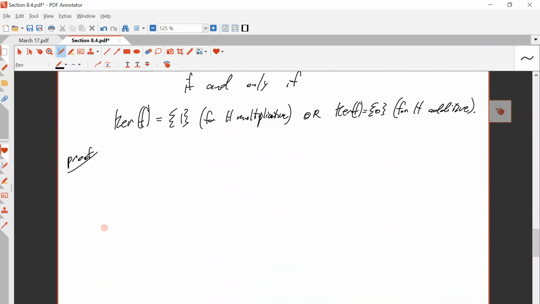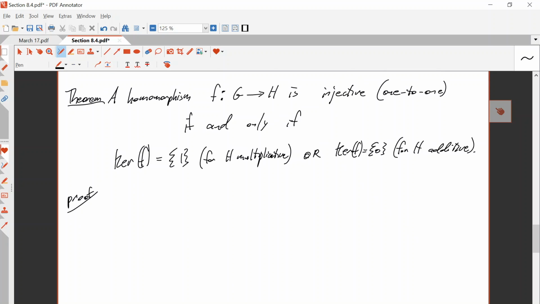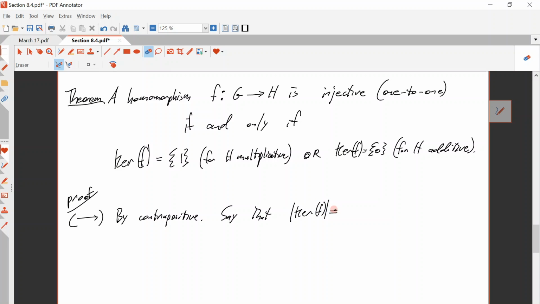All right, so let's get a proof of this. This direction is the easier one. Yeah, that's this direction. So we'll do it by contrapositive. All right, say that the order of the kernel of f is not equal to 1.